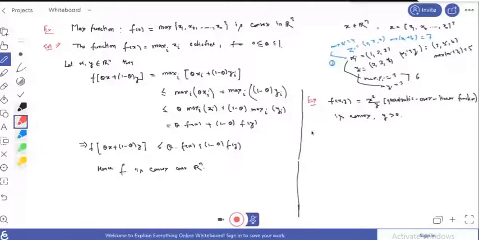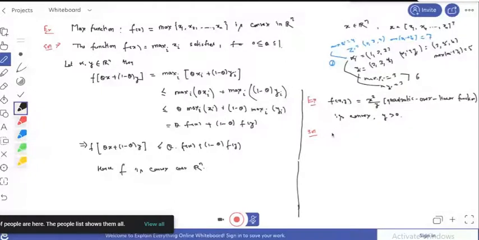So you have to check whether this is convex or not. Here you simply find the Hessian matrix, and if the Hessian is greater than or equal to 0, then this function is convex.